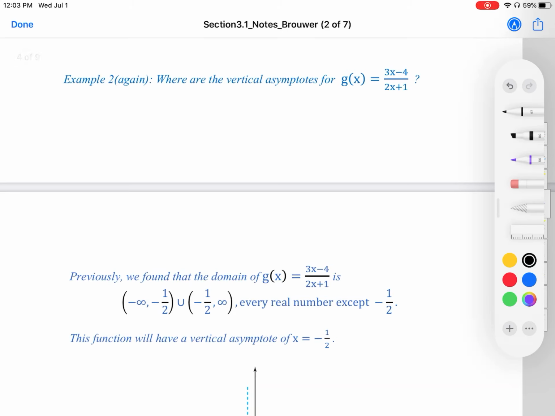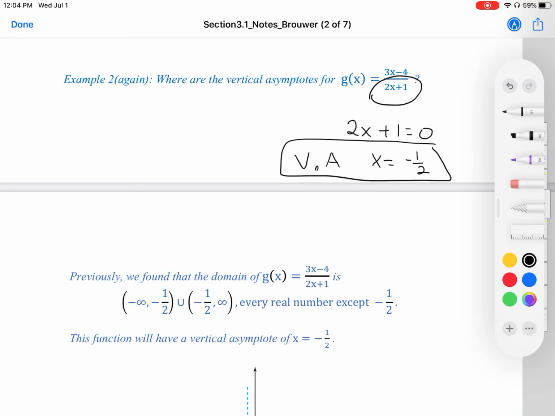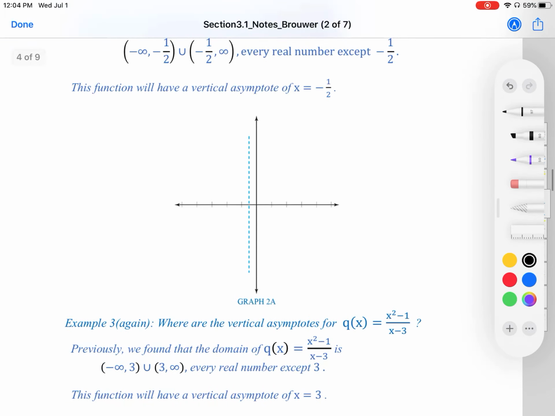Now, again, example 2, we're going to take our denominator and set it equal to 0, but we already did that when we set it not equal to 0. You get that x is -1/2. And so this means I have a vertical asymptote at x equals -1/2. So let's find -1/2 on our number line, and that's our asymptote.